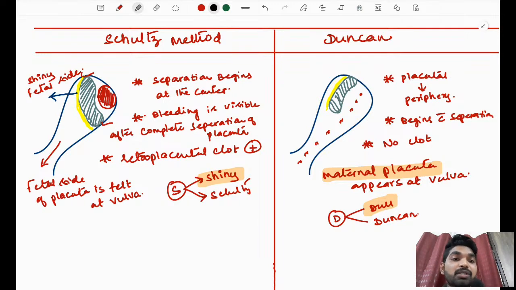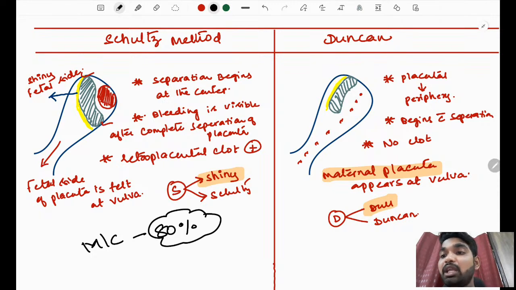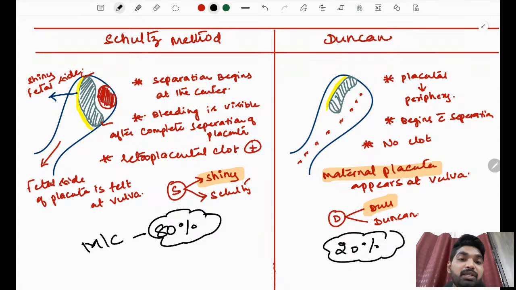Any other answers? Schultz method. Yes. Maunika, Anusha, Sriruth, yes, you people are right. Schultz method is more common. This is seen in 80% of cases. In the remaining 20% of cases, Duncan method is seen. Okay, Schultz, yes, you people are right. Aishwarya, Prasad, Deva, you people are right. Schultz method is more common.